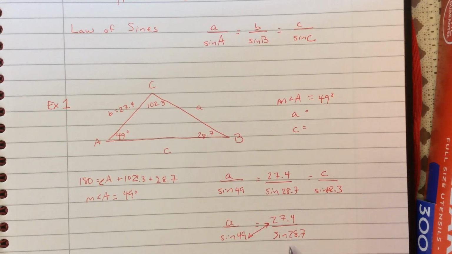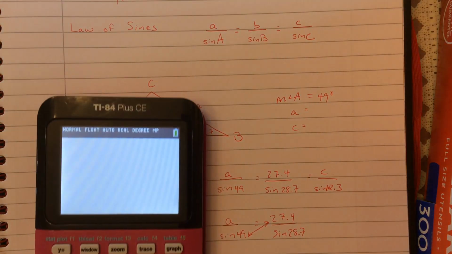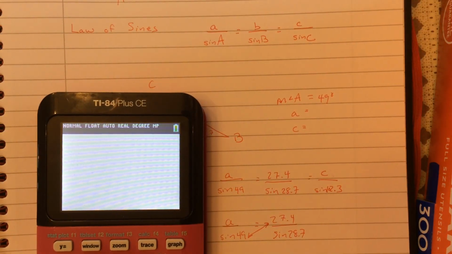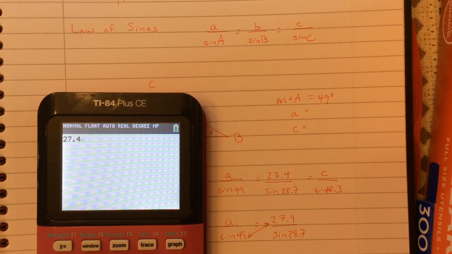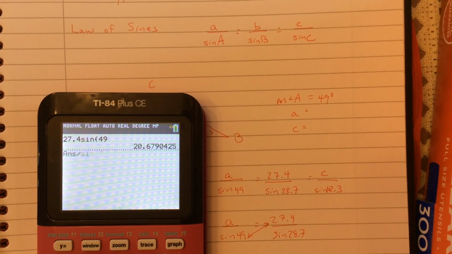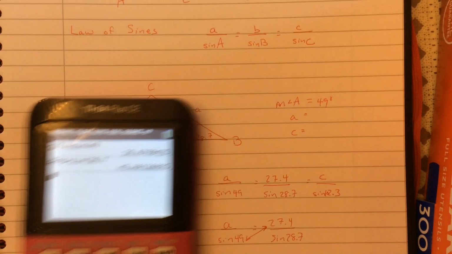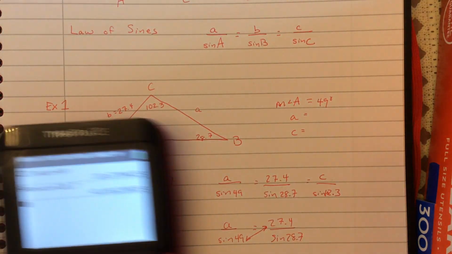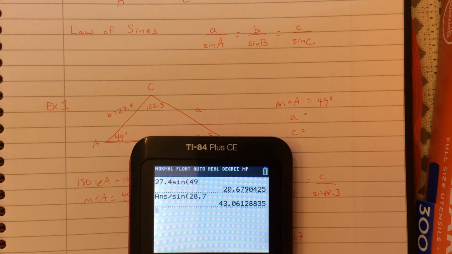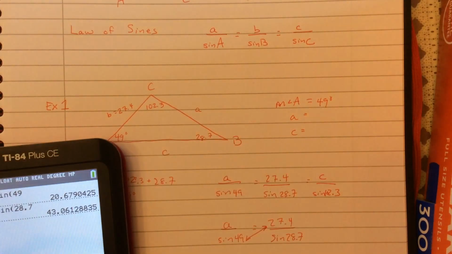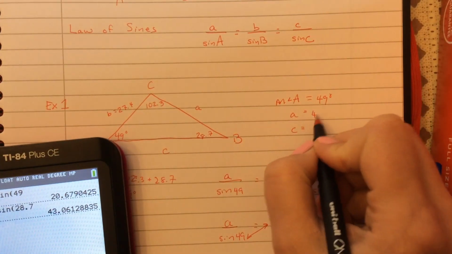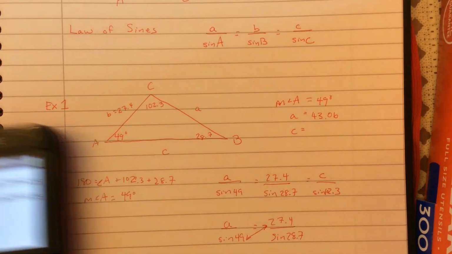So we'll multiply these and then divide by the sine of 28.7. So in our calculator, it's going to be 27.4 times the sine of 49, and then I'm going to divide that by the sine of 28.7. We get A equals 43.06.